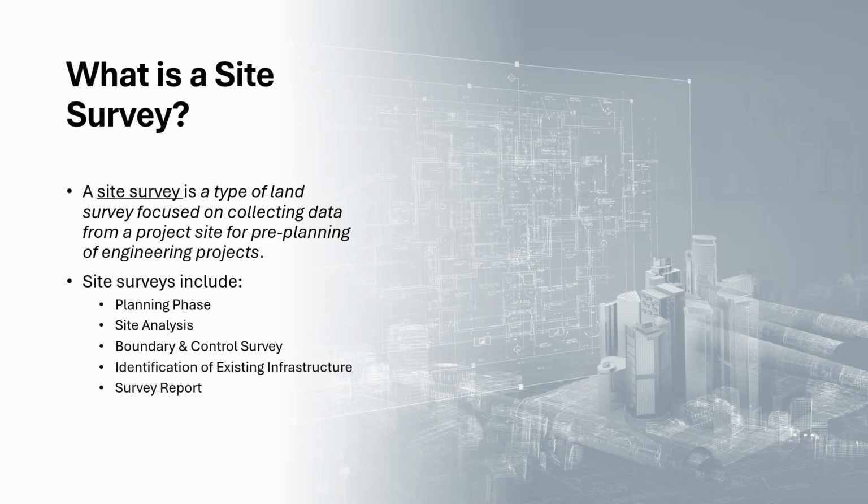Our identification of existing infrastructure is a vital phase as far as worker safety and meeting project deadlines are concerned, identifying everything that's already out there quickly and concisely to the best of our ability. And then lastly, that survey report. It puts everything that we've done together so far into that report to submit for the use of everyone else on this project.